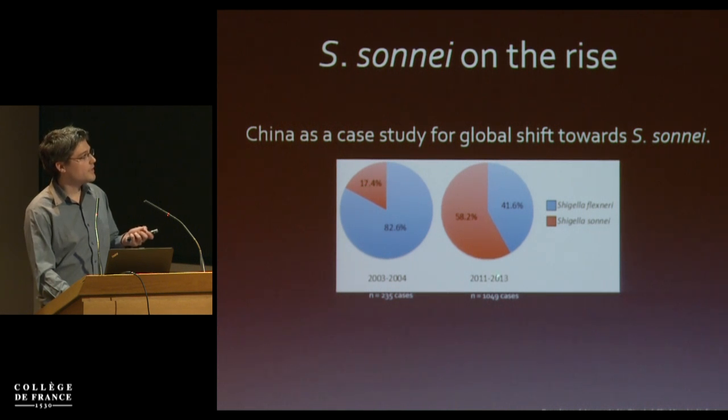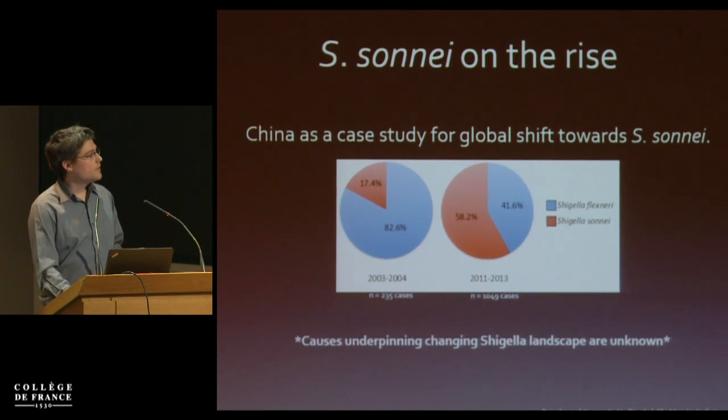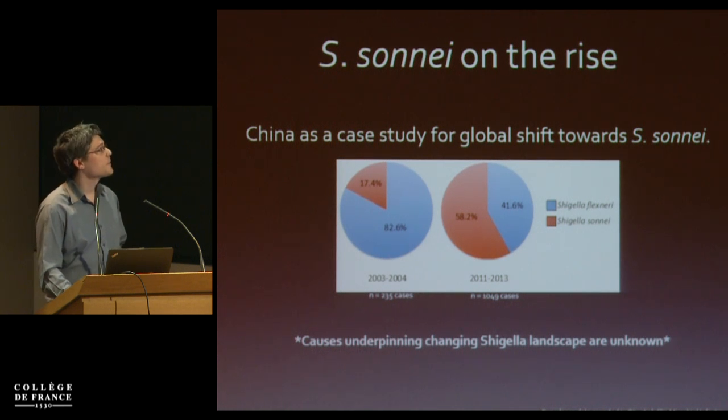Less than a decade later, however, Shigella Sonnei has almost tripled and now accounts for almost 60% of the isolated cases, and Shigella flexneri is now only accounting for around 41%. To make clear, the causes underpinning this changing Shigella landscape are not known.